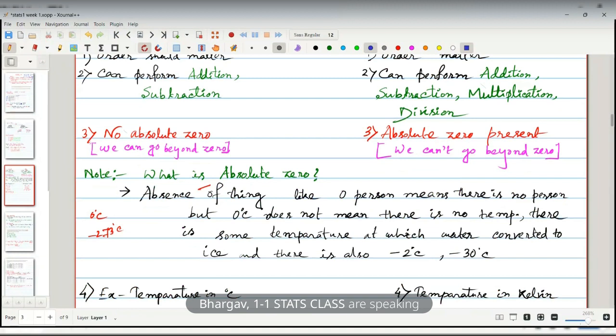But if I say 0 degrees Celsius, it does not mean there is no temperature. 0 degrees Celsius is about 273 Kelvin, so there is some temperature, and we can go beyond 0 degrees. Minus 273 degrees is the lowest temperature on the Celsius scale. So we can go beyond 0.